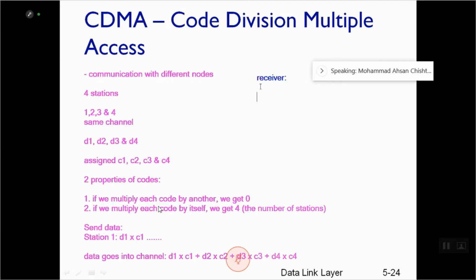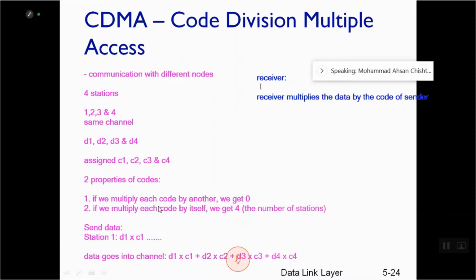Any station that receives the data from one of the other three multiplies the data. So the receiver multiplies the data by the code of the sender.